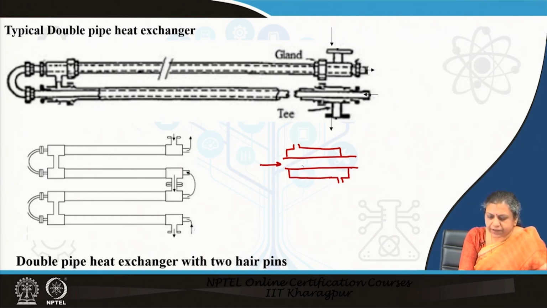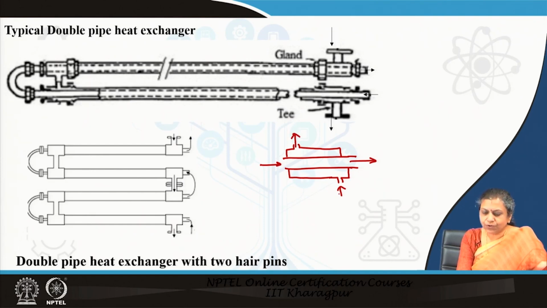There is one inner pipe, through which one particular fluid flows, and it goes out in this direction. There is an outer pipe through which the other fluid is flowing, entering from here and flowing out from here.